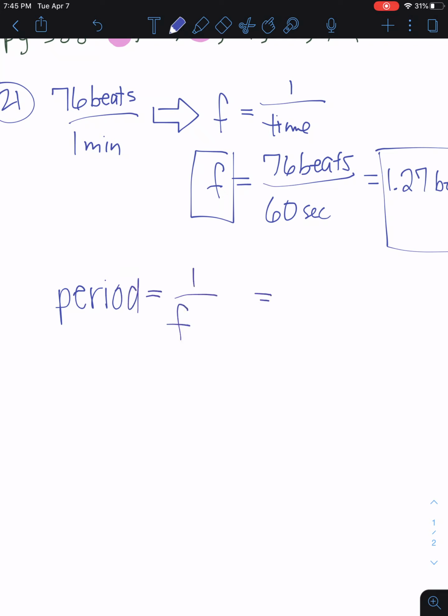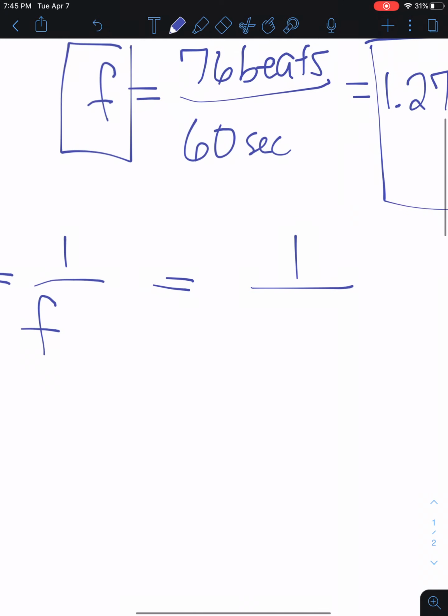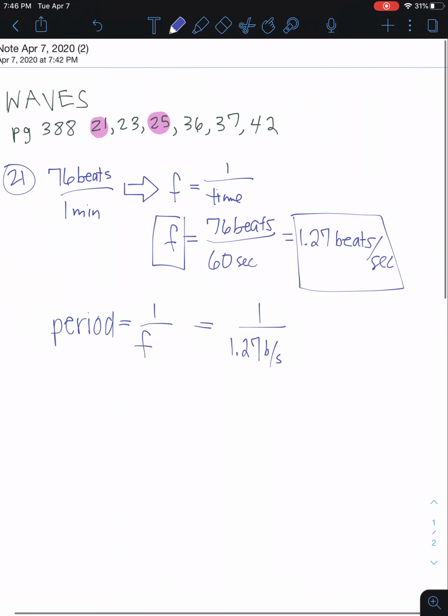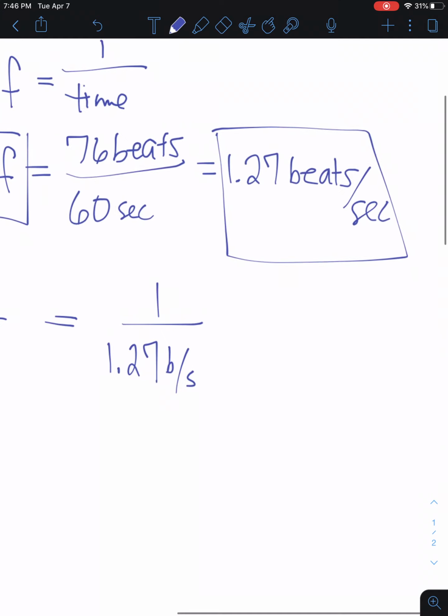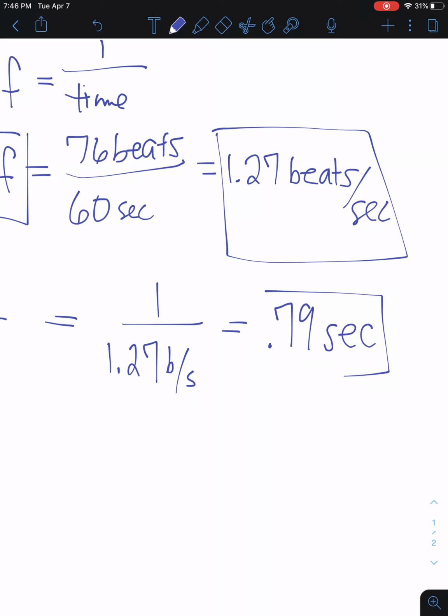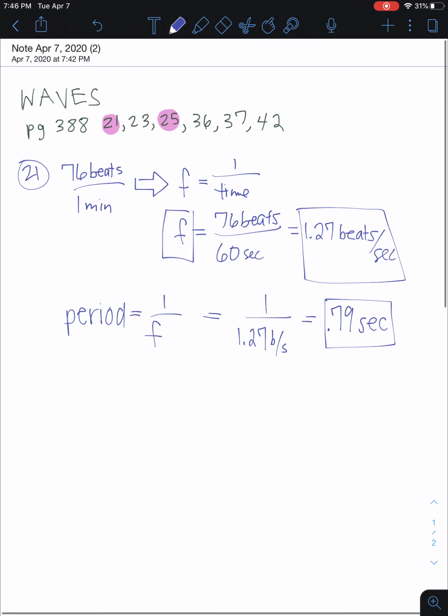And so put 1 divided by 1.27 beats per second. And when we do that, 1 divided by 1.27, that means that it takes 0.779 seconds for a heartbeat. So just like 80% of a second, or 0.8 seconds for every heartbeat.